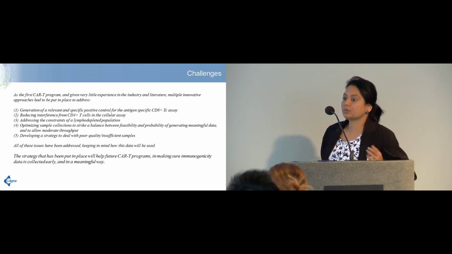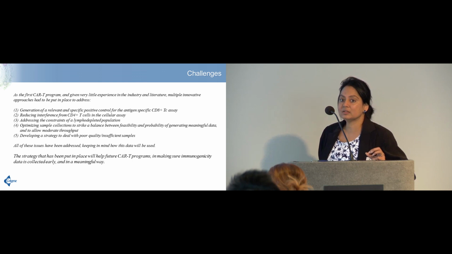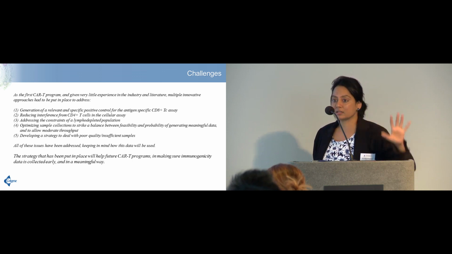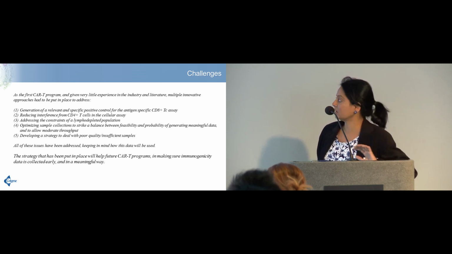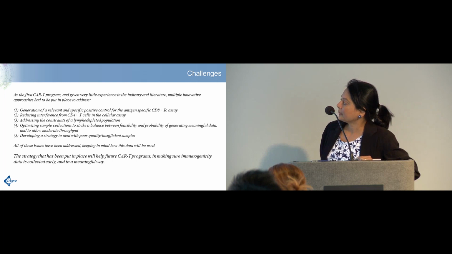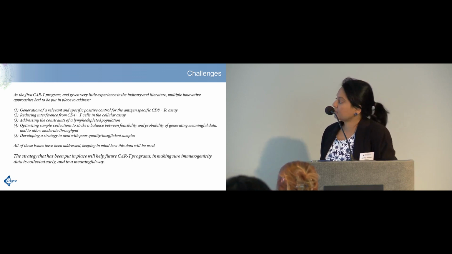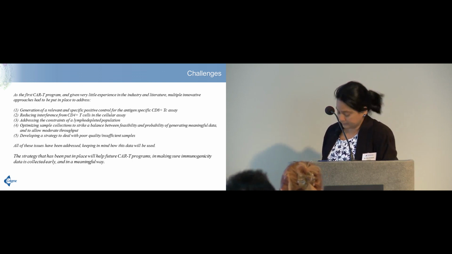And we wanted to make sure that with all those limitations, the data that we get is meaningful and able to support interpretation in the context of everything else that I talked about in the beginning. And of course, to develop a strategy to deal with poor quality or insufficient PBMCs. All of these issues were dealt with as we went through this development.